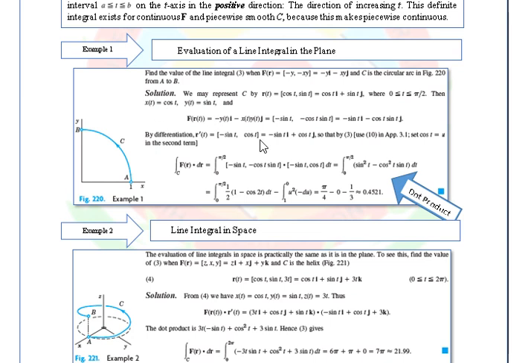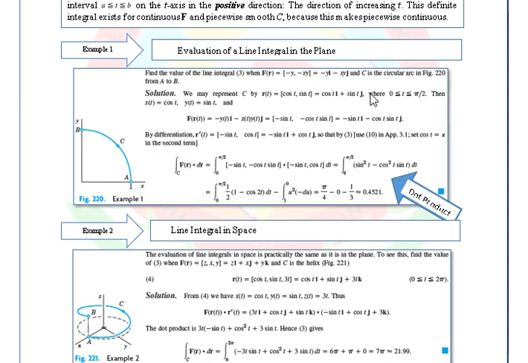Okay, so we have here an example: evaluation of the line integral. Find the value of the line integral when f of r is equal to negative y, negative xy, or negative y i minus xy j, where negative y and negative xy are the components of the function f along x and y.